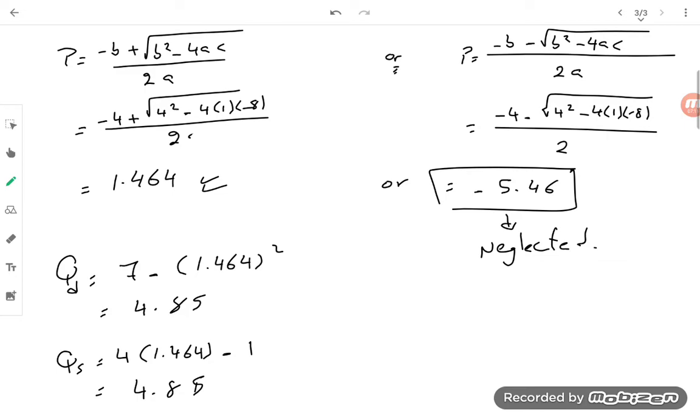What about the polynomial model? A polynomial model is any model whose power is greater than 2. So the highest power is greater than 2: 3, 4, anything.